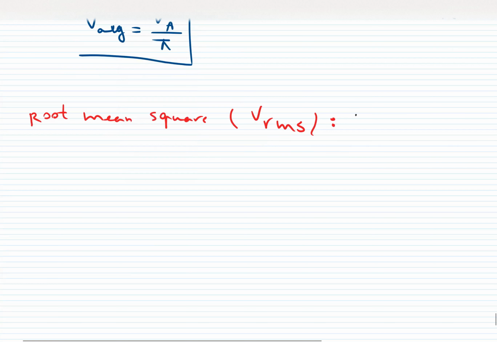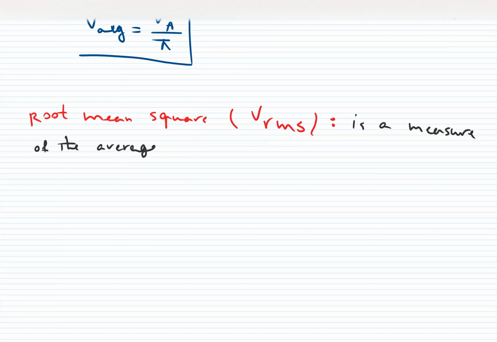So VRMS is a measure of the average power carried by the signal.